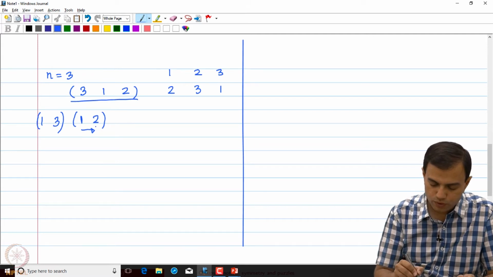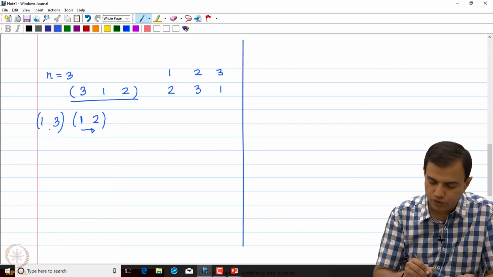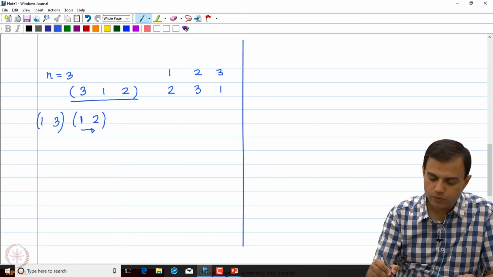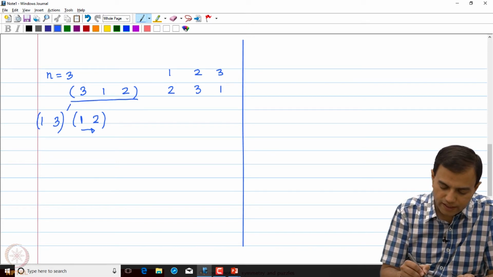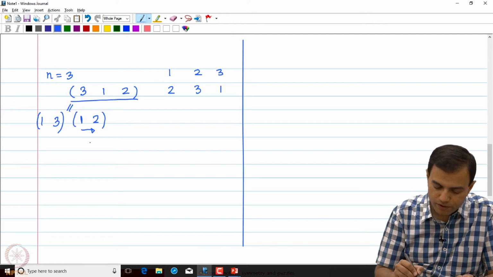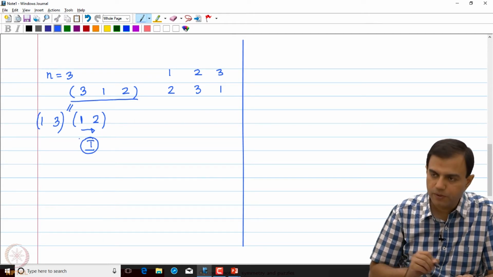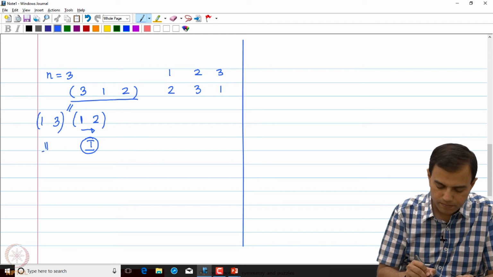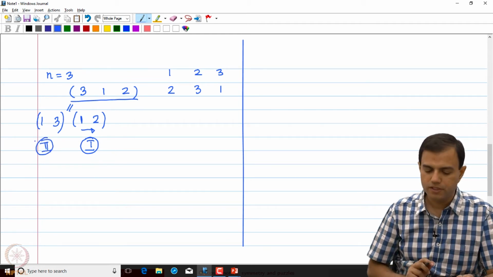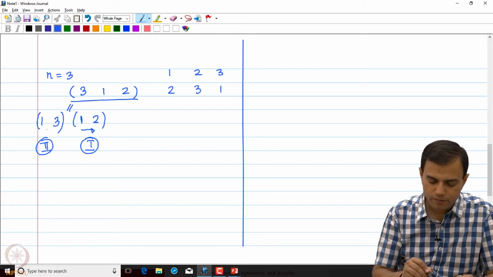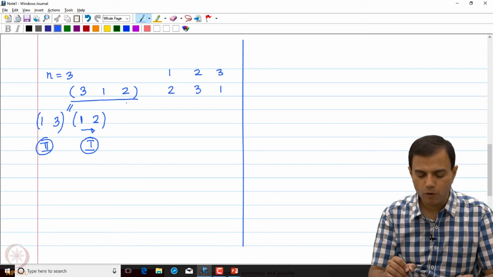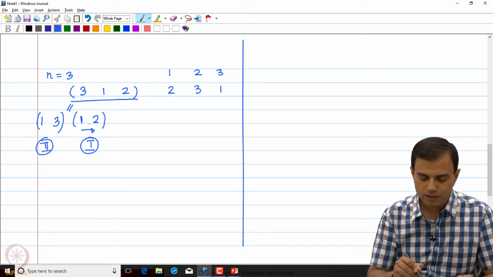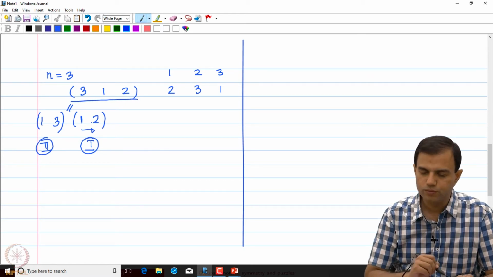What happens to 2? 2 goes to 1 and 1 goes to 3. So 2 is going to 3. What's happening to 3? Nothing is happening here and here 3 is going to 1. So this and this are the same thing. First you perform this permutation and then you perform this permutation. If you perform this permutation followed by this permutation, you will have the same effect. So (3 1 2) can be obtained by this product (1 3)(1 2).